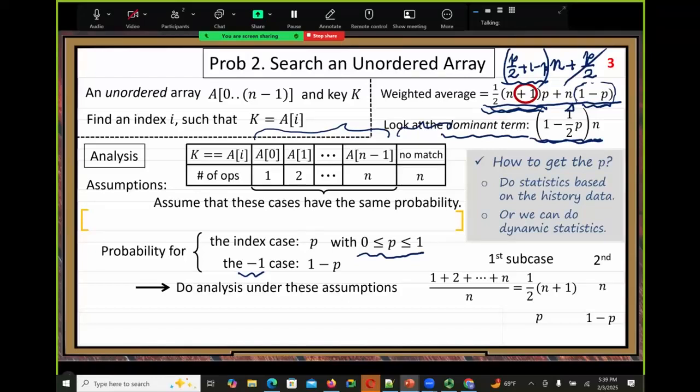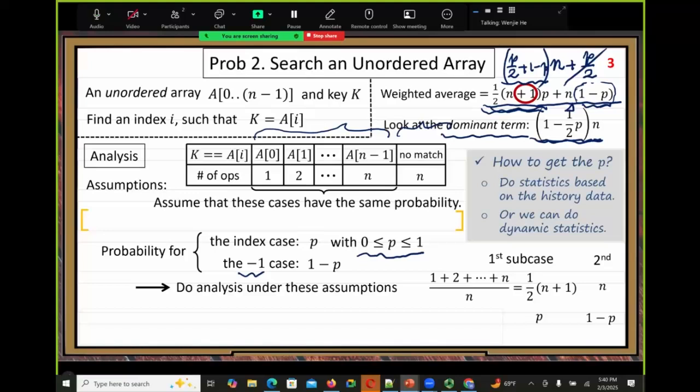So later we will see. When n is very large, if you look at the ratio of all the other terms with this dominant term, that ratio is very small. The ratio will be close to 0.